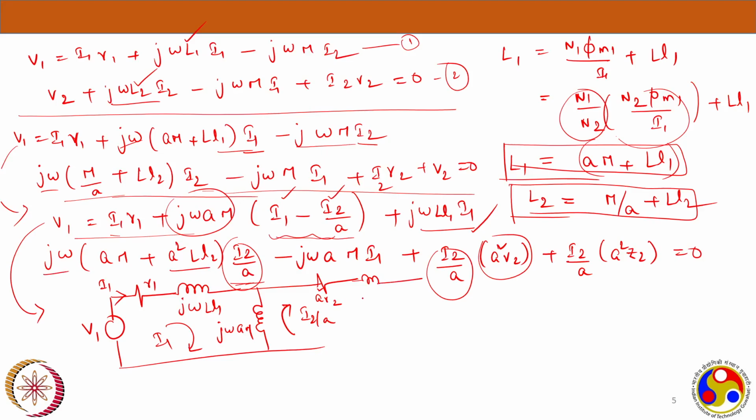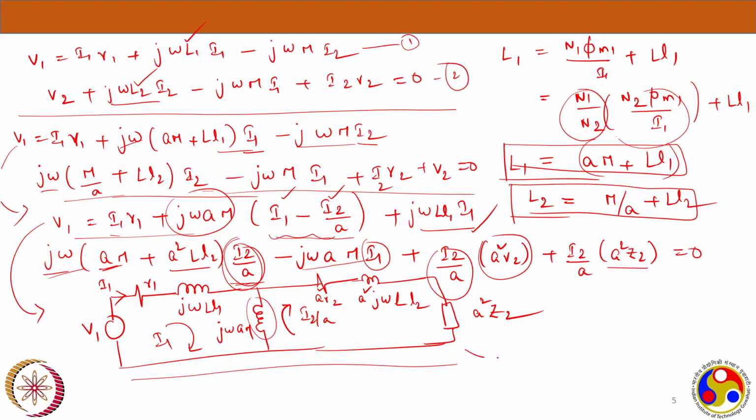And there is just the load term, which is I2 by a multiplied by a squared Z2. Now whatever term is left, this is j omega aM which has I2 by a minus I1, which tallies with this particular magnetizing branch. So you got the equivalent circuit of the transformer referred to the primary.